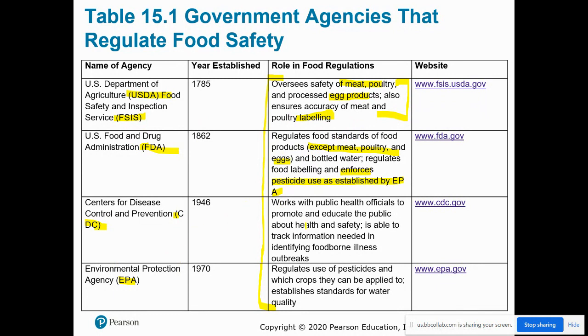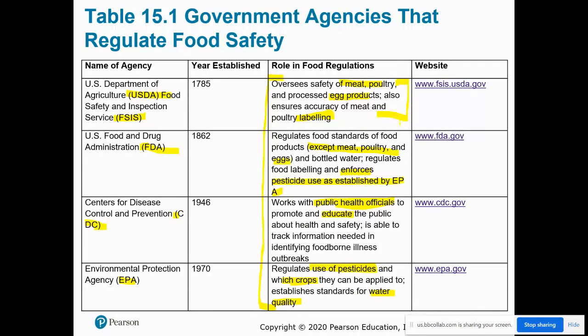And then the Centers for Disease Control, they're the public health branch. So their duty is more around education to the public. And then the Environmental Protection Agency regulates the use of pesticides on farms, as well as which crops can get pesticides. And then they also establish water quality standards.